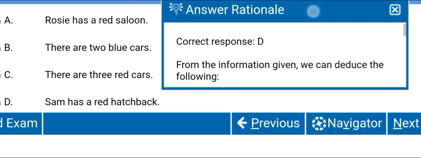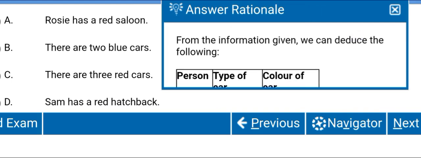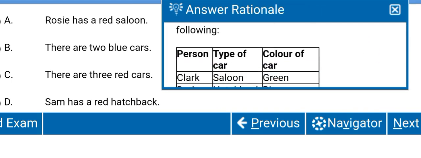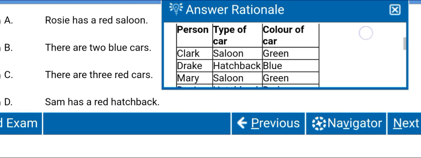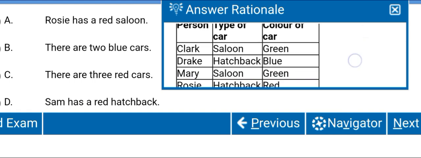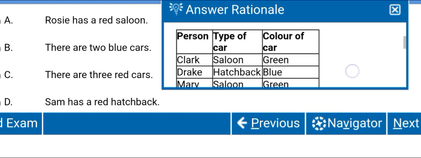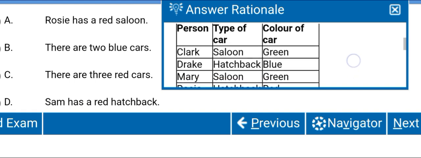From the information given, we can deduce the following table and the information that is provided in it. First we have persons, and then type of cars and the color of the cars.